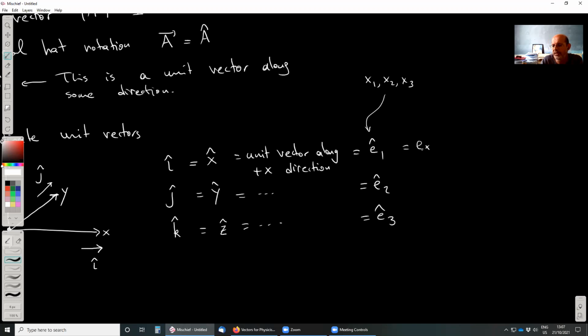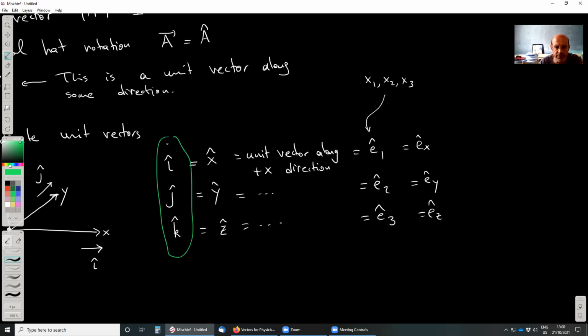Some people use this e x, whatever. There might be different notations, okay? But as I said, in this course, I'm going to use this notation, especially in homeworks too. And when you are coding some vector expression on online homeworks, you are also going to need to use these notations. Just keep this in mind.